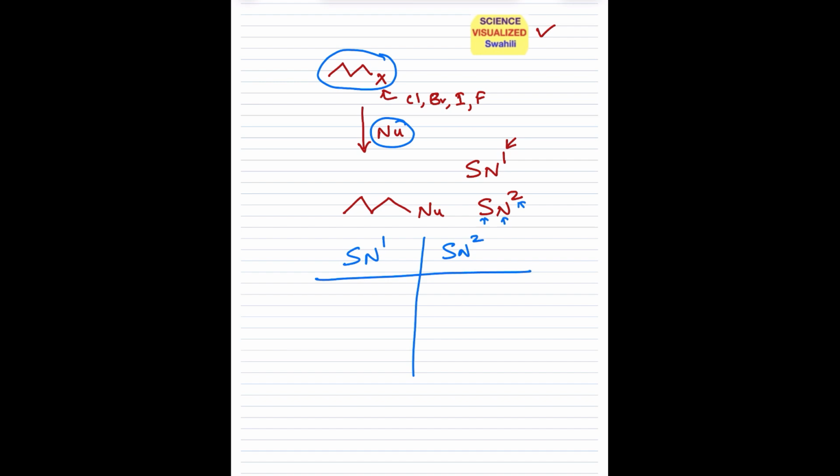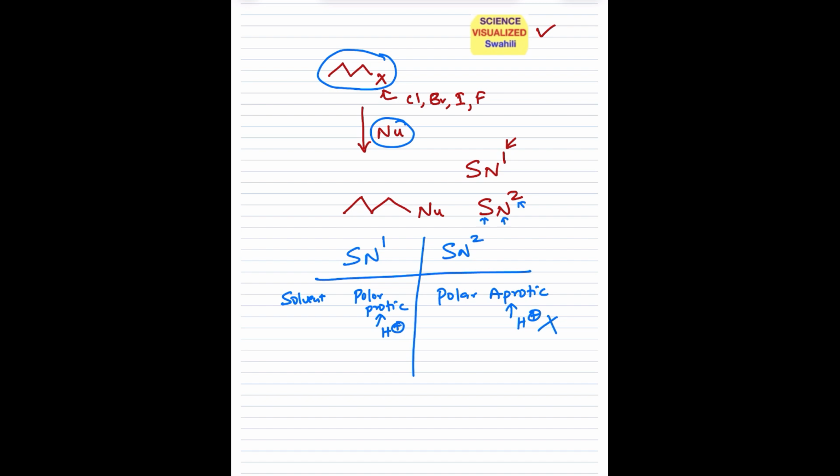Number one, if you look at the solvent, SN1 requires what we call polar protic solvent, while SN2 is polar aprotic solvent. Now, protic means that that solvent donates a proton or hydrogen ions, while aprotic means that the solvent has no hydrogen ion that can be donated.